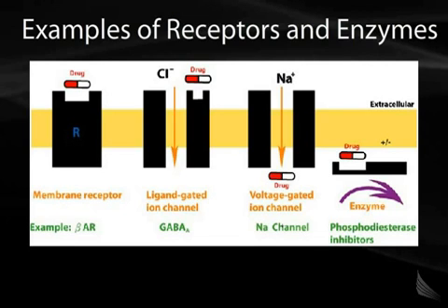Another example of a drug receptor would be a voltage-gated ion channel, such as a voltage-gated sodium channel. Certain antiarrhythmics will bind to the channel and prevent the passage of sodium through that channel. Other drugs, such as phosphodiesterase inhibitors, will inhibit enzymes that are located inside cells, and this would be another example of an intracellular drug receptor.